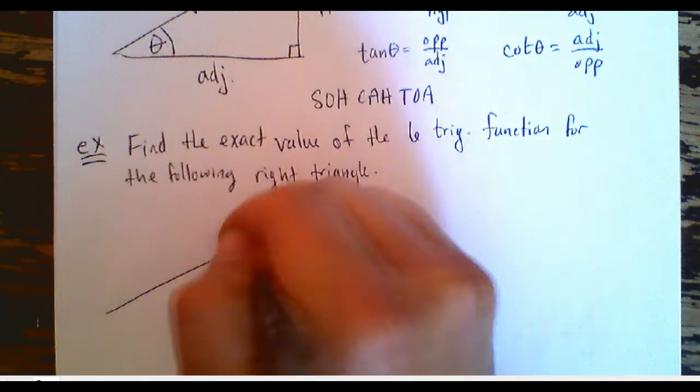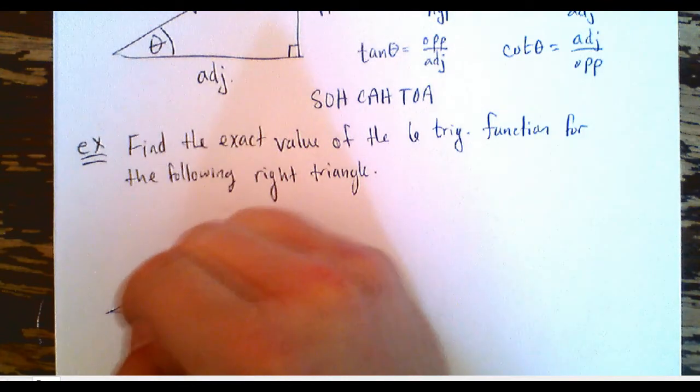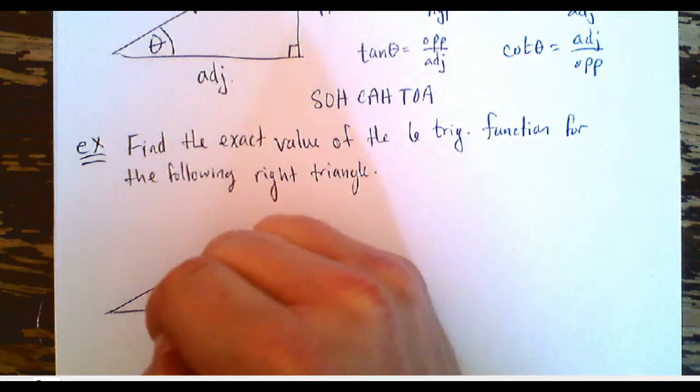So say we have this right triangle here. Our angle theta, let's say, is right there. And we know these two sides, 8 and 15.